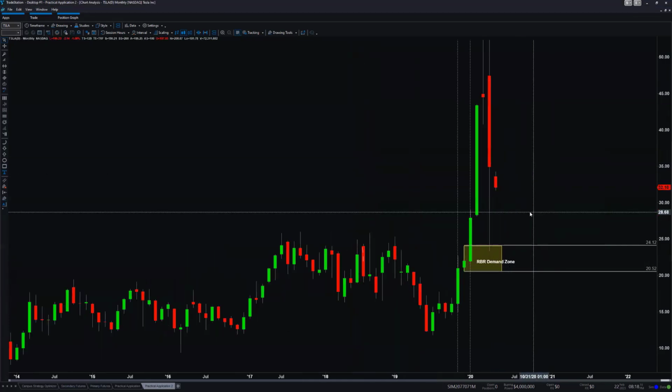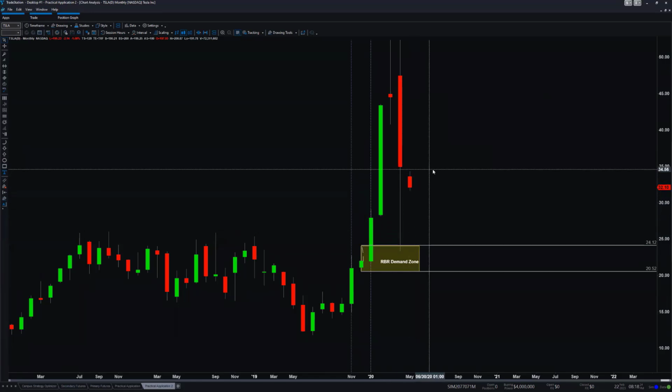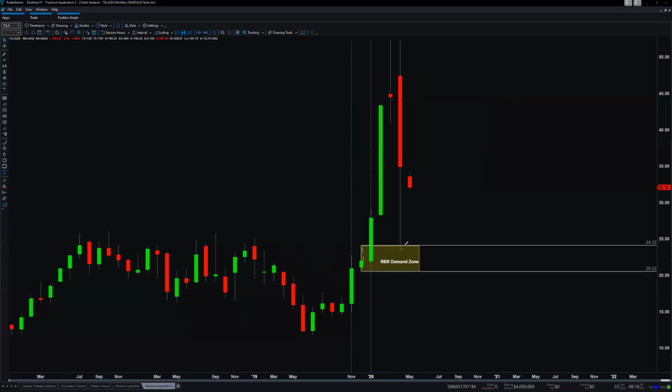And what you now saw is that price came into the zone, and we can see a lot of buying pressure in terms of this long wick here that pushes price higher. And price at the moment is here. So already price traveled quite a bit away from the zone.